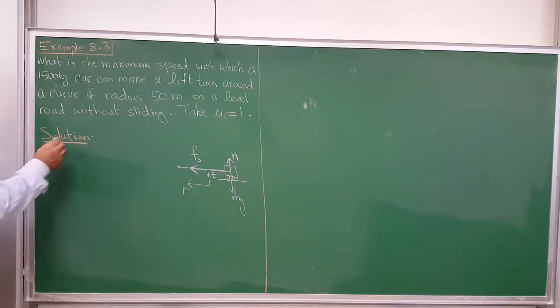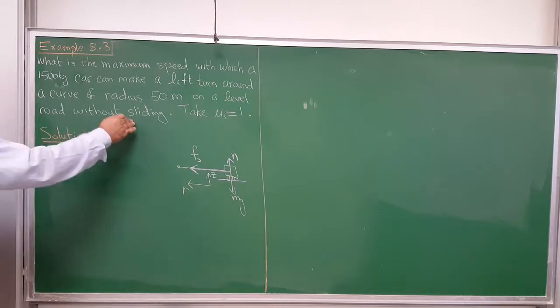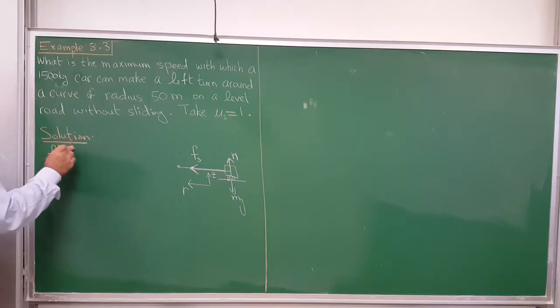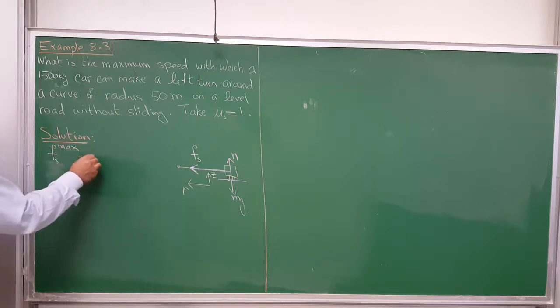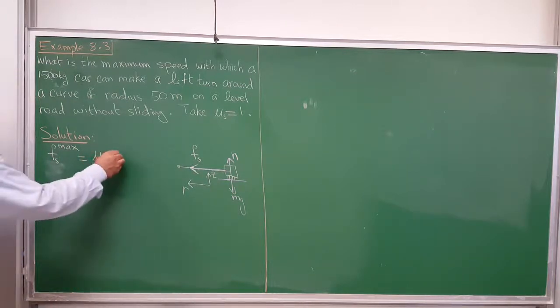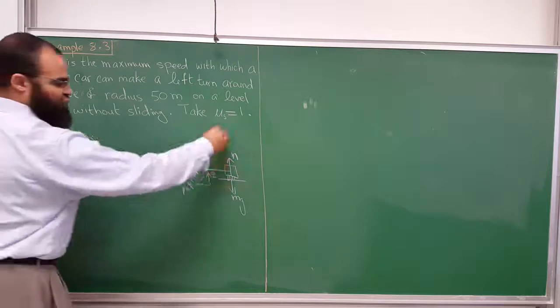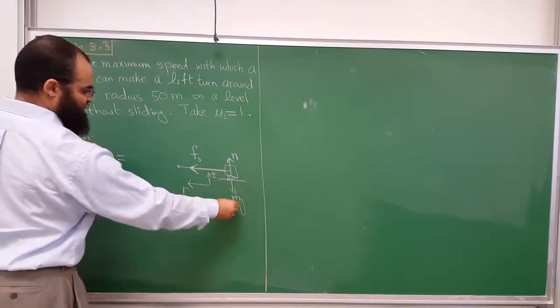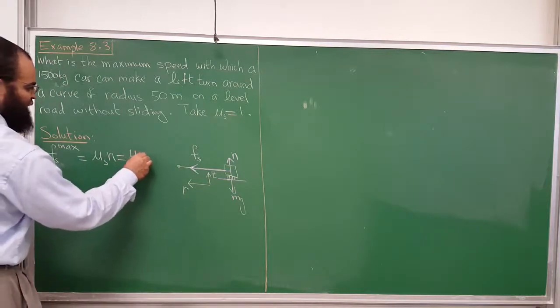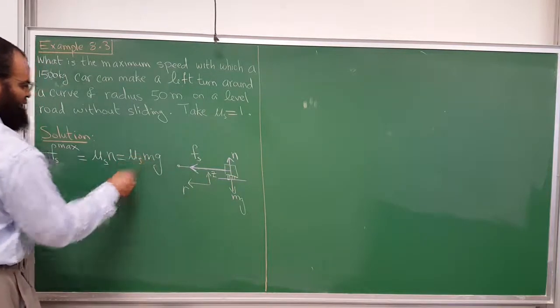So we have reached the maximum force of static friction, F static maximum. And remember, that is equal to mu s times the normal force. In this case, there is no motion up and down, and so the normal force has to equal mg. So it is mu s mg. Okay?